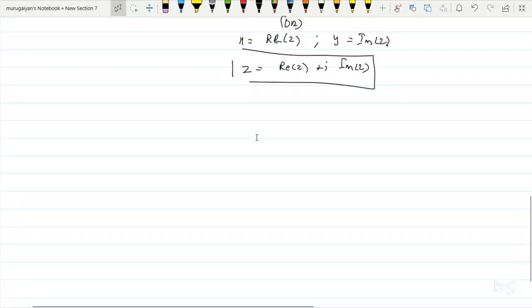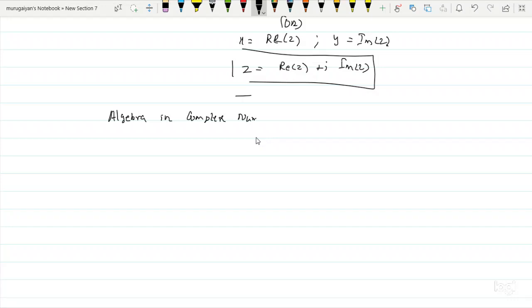Dear student, then what are the algebraic operations on complex numbers? One is addition of complex numbers.